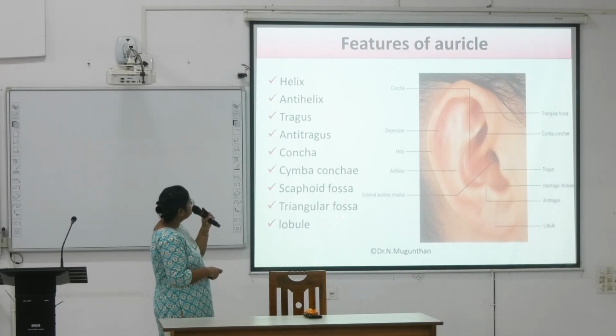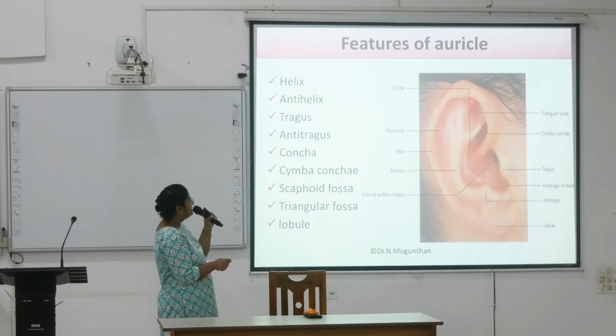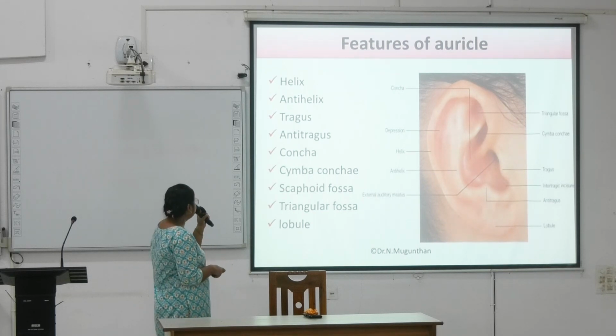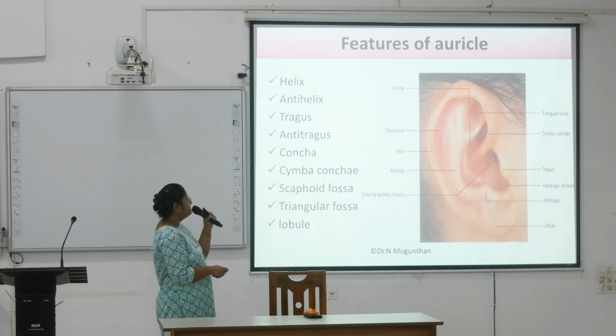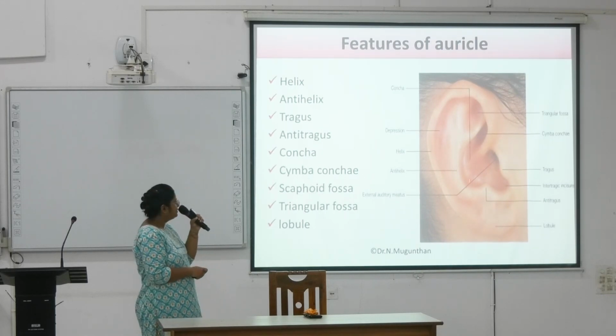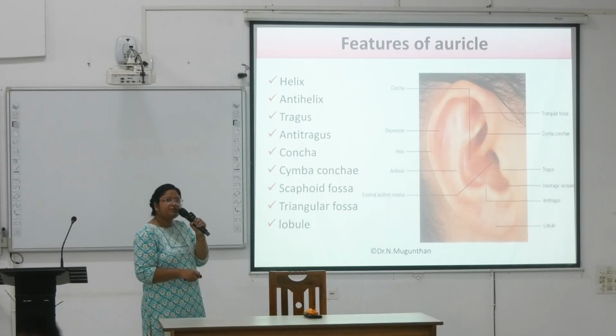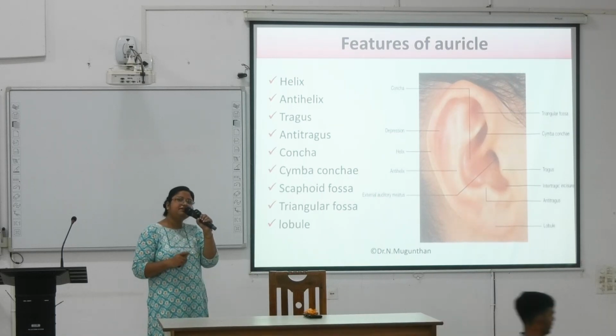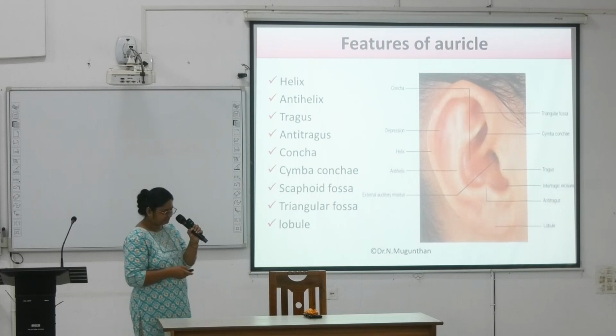Then the triangular fossa. Here, above this concha, in this area, this depression is known as the triangular fossa. Next is the lobule. Here, in the lower part of the ear, where the cartilage is absent, this part is known as the ear lobule. So, these are the different parts of the external ear.